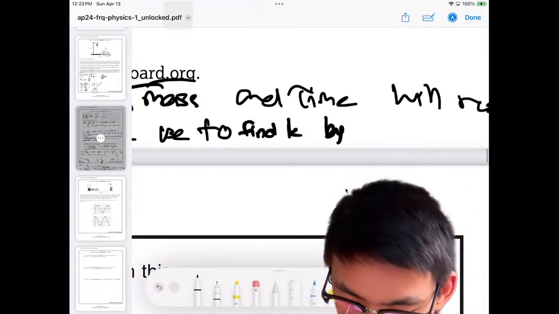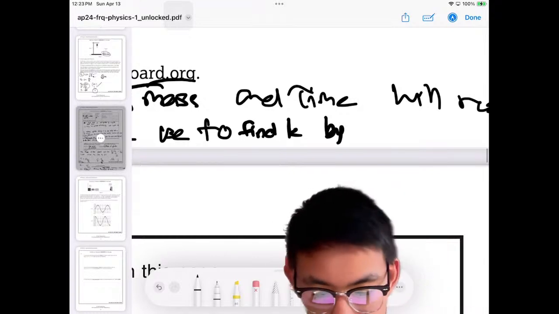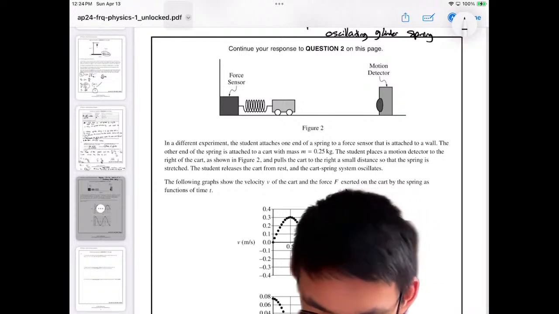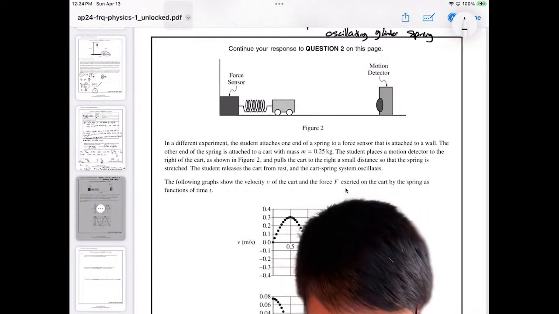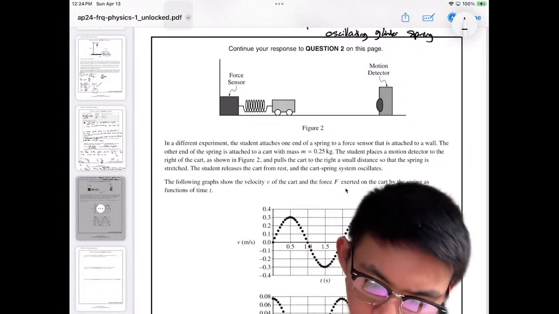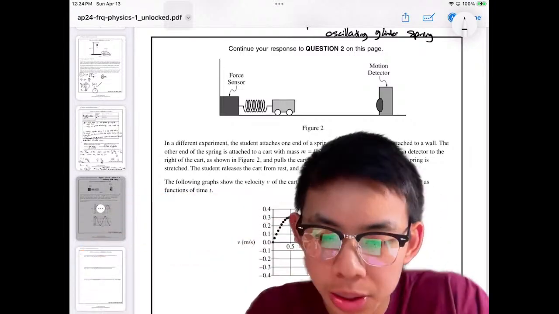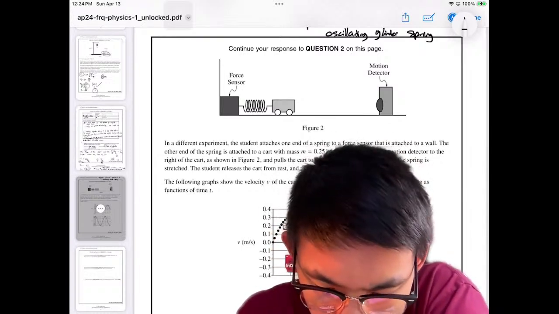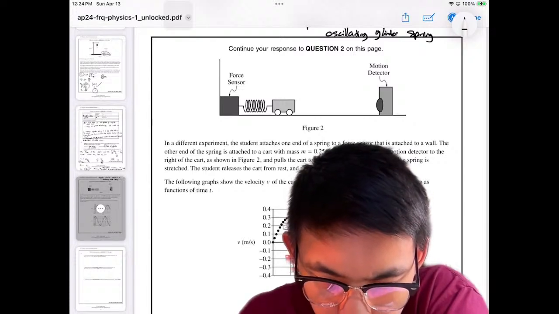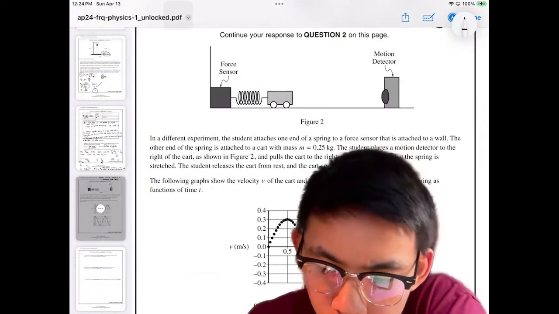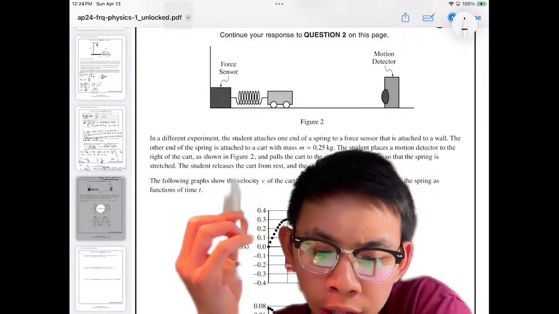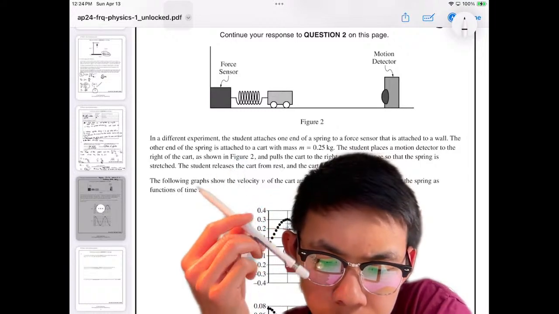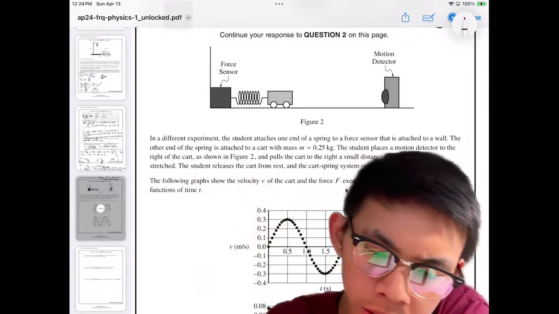Question 2. Oh, we're still on question 2. Oh my goodness, different experiment. The student attaches one end of the spring to a force sensor attached to a wall. The other end of the spring is attached to a cart with mass m equals 0.25.